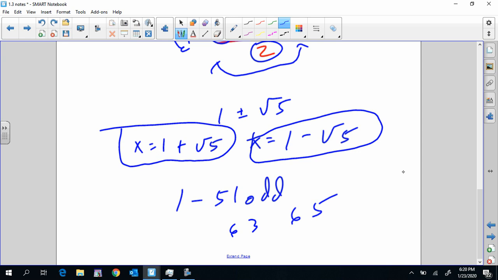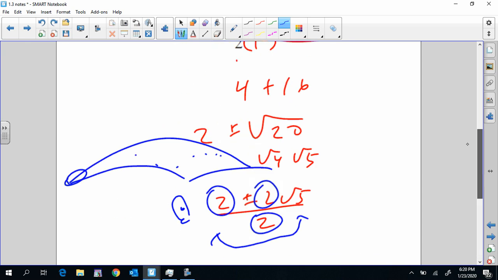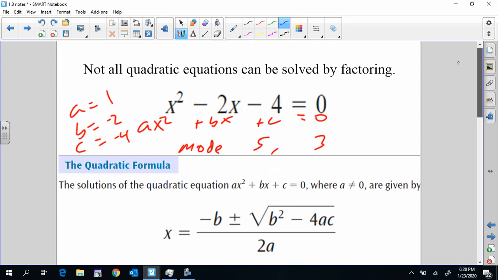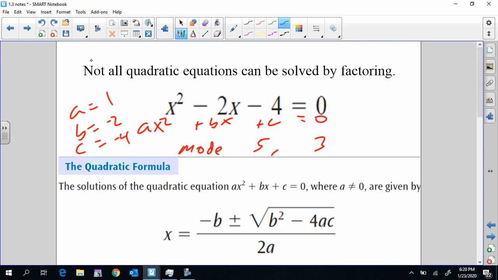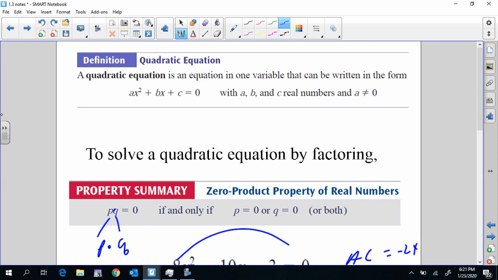And if you need to see more quadratic equations solved with the quadratic formula, YouTube. If you need to see more solving by factoring on quadratic equations, YouTube.